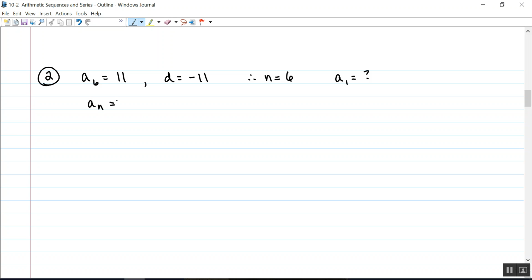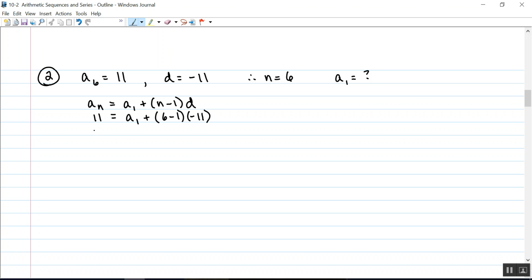Nice thing about this section is it uses the same formula for everything, so you don't have to choose which formula to use. Okay, and I know that when n is 6, a sub 6 is 11, so I'm going to plug that in here. So 11 is equal to a sub 1, which I don't know, plus 6 minus 1 times negative 11.